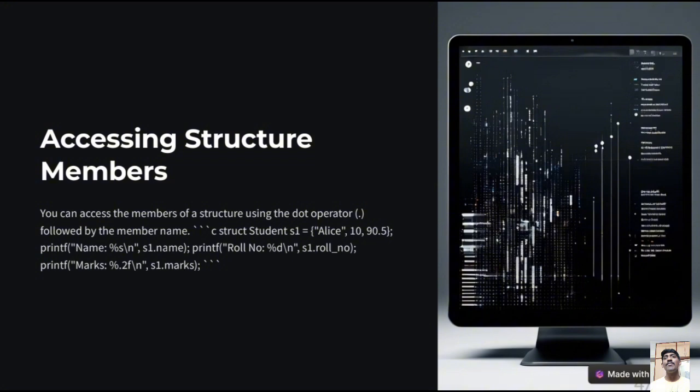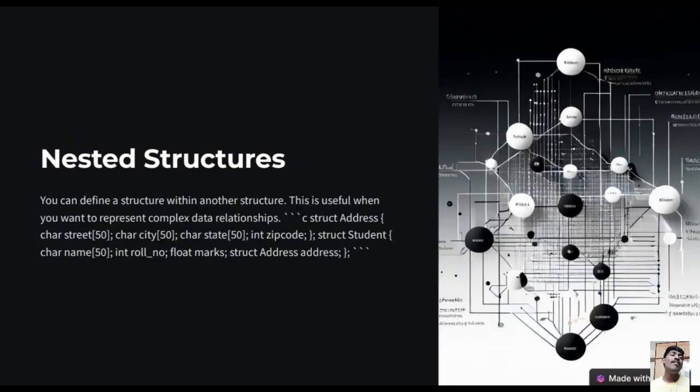The third type is the type defined structure, in which the structure is defined as a type. The syntax is typedef struct, and as usual we have data type member 1, data type member 2, and the type ID. For example, typedef struct with char name[20], int usn, float marks, and student.